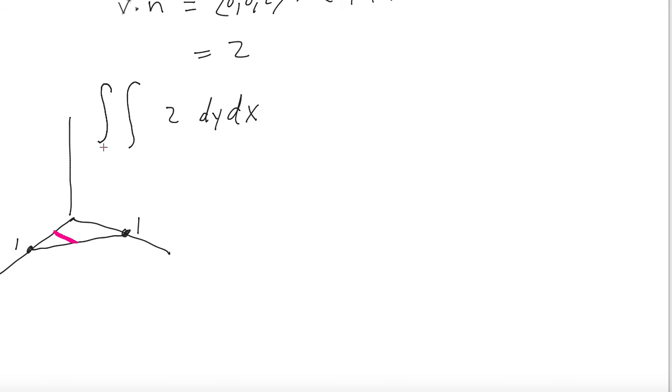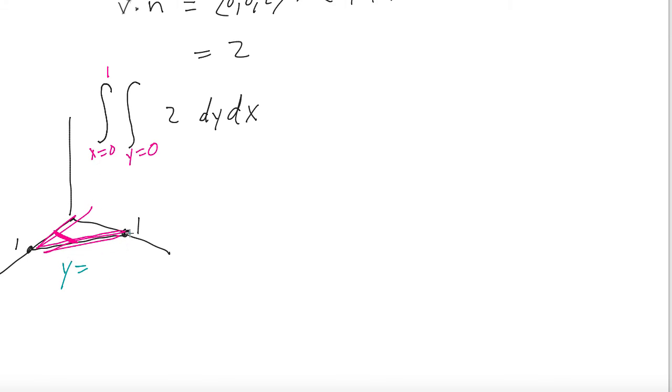So x is going to range from 0 to 1, and y goes from 0 to this line. The equation of that line is y equals mx plus b.